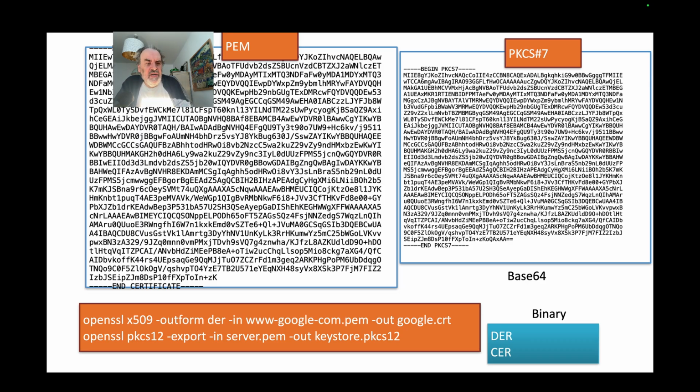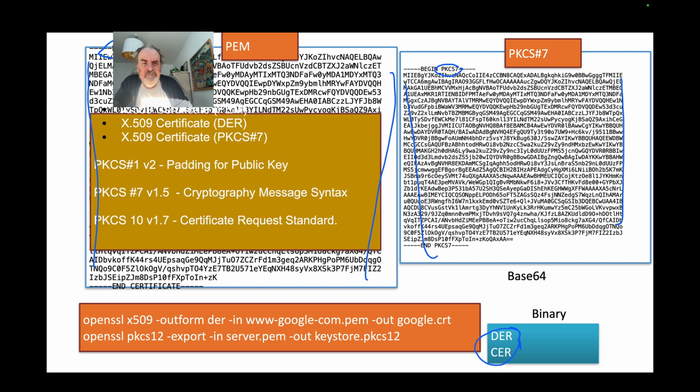So the various formats that we get for our certificates, the PEM format, PKCS7, and these are in a text type format with base64, or we can get binary formats such as DER and CER.